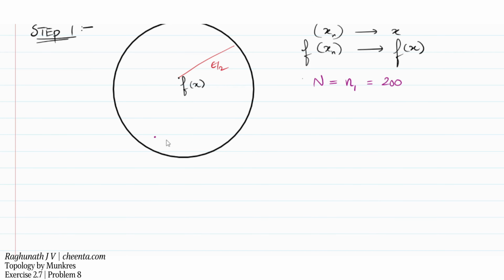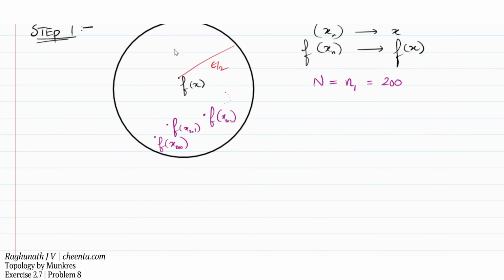So f of x200, and then f of x201, f of x202, f of x203, all of them will be inside this open ball. It will just go on. That's the definition of this capital N, right?